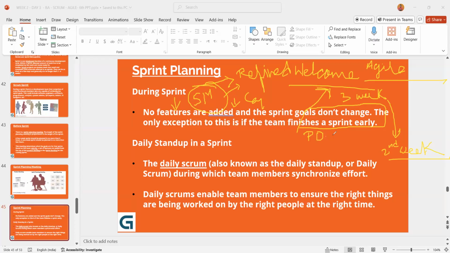Because the product owner owns the product backlog, the entire team owns the sprint, and the developers own the development work and the sprint backlog. With me so far, Ujjwala?